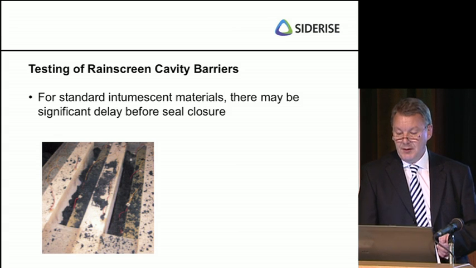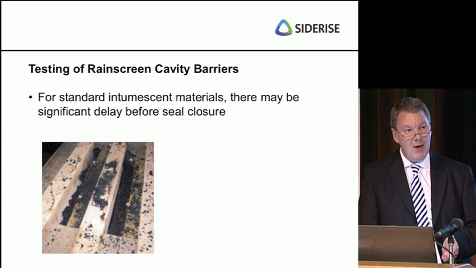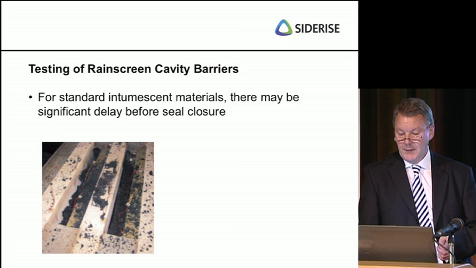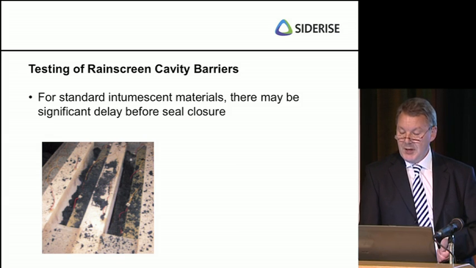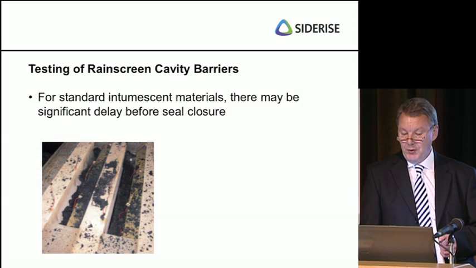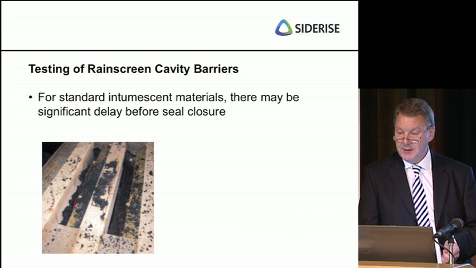For standard proprietary intumescents, when the temperature does rise, there may be a significant time delay before they expand to adequately form a seal. Regarding the evolution of our barriers, we've worked with a lot of people for a long time to ensure that the materials used in our products function immediately, when required, as required.